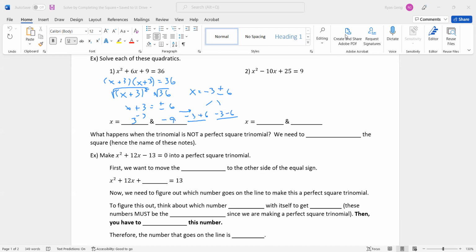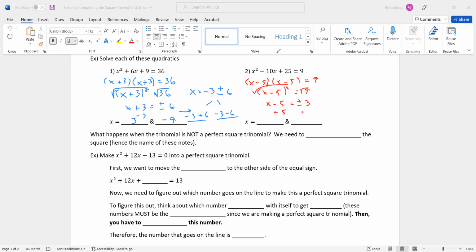Okay, do the second one. What number times itself gives me 25 and adds to negative 10? Negative 5 and negative 5. And so I'm going to rewrite that as x minus 5 squared equals 9. We take the square root of both sides, cancels, and I get x minus 5 equals plus or minus 3.